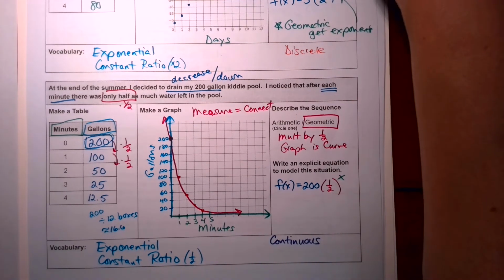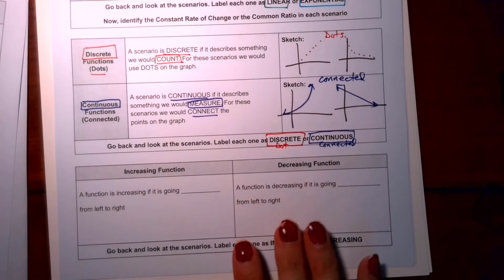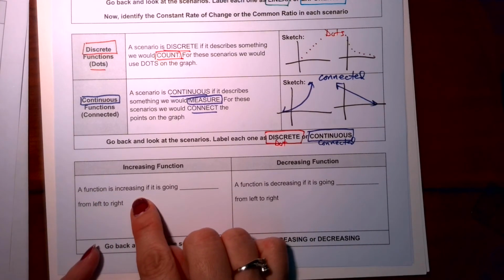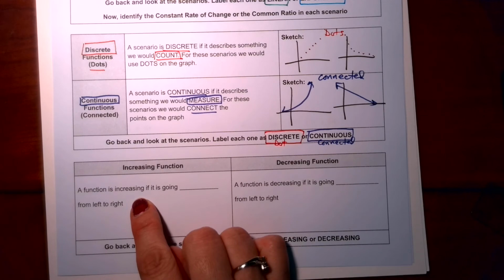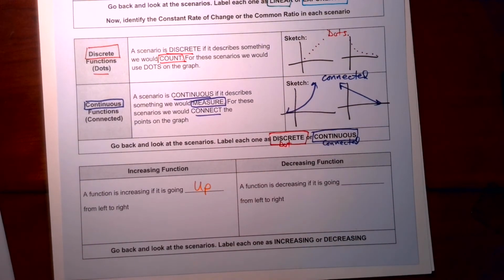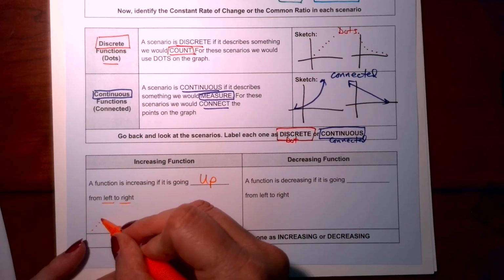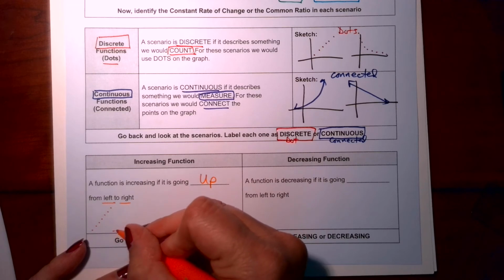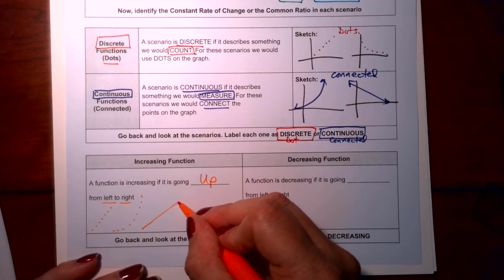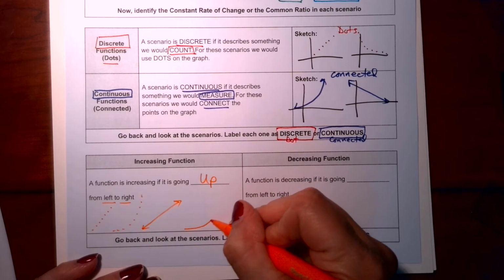One more bit of information here. Something else you can look at is if the function is increasing. If it's increasing, that means it's going up from left to right. So maybe it's dots going up, maybe it's a curve going up, maybe it's connected but going up, maybe it's exponential.